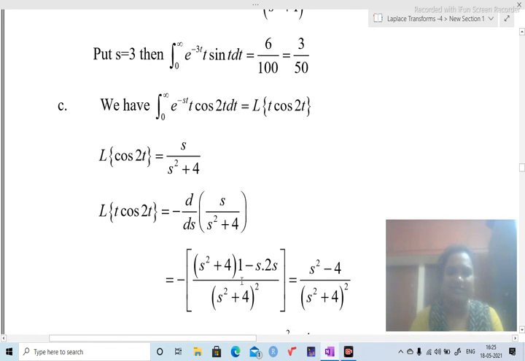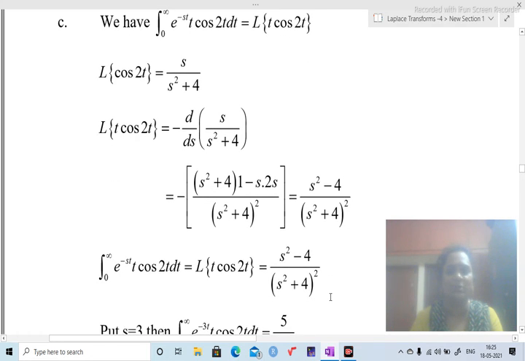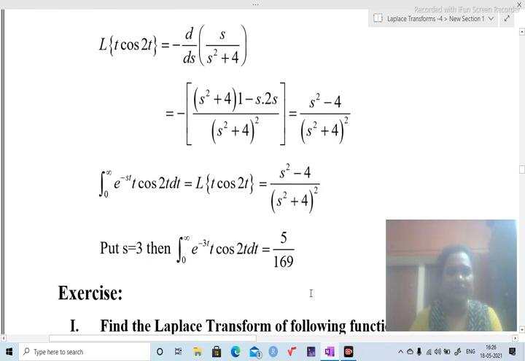Differentiate one time and simplify. I am going to get the Laplace transform of t cos 2t as s square minus 4 by s square plus 4 whole square. So the value of this equals s square minus 4 by s square plus 4 whole square.